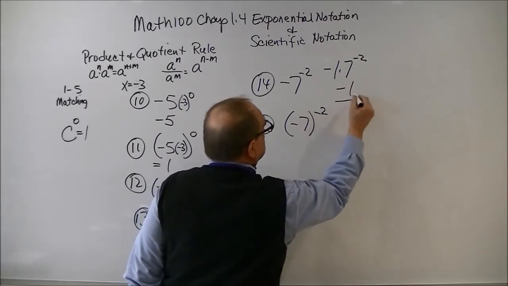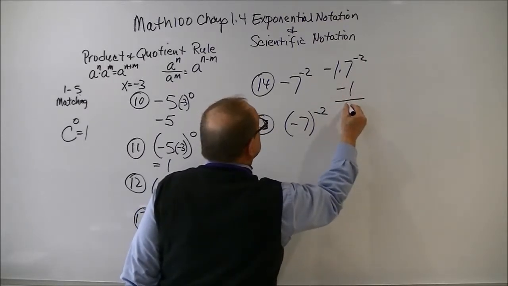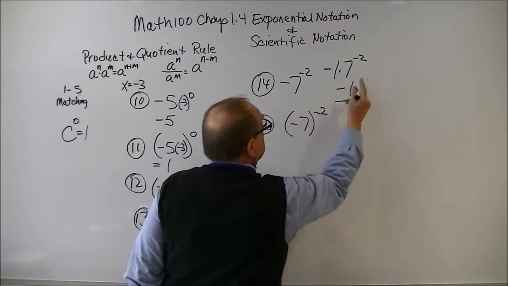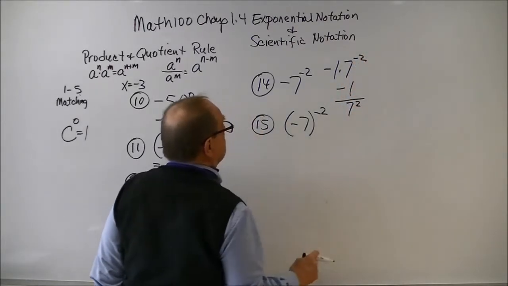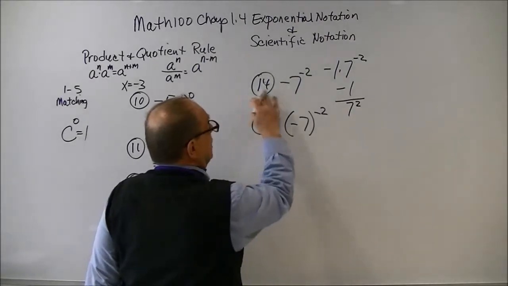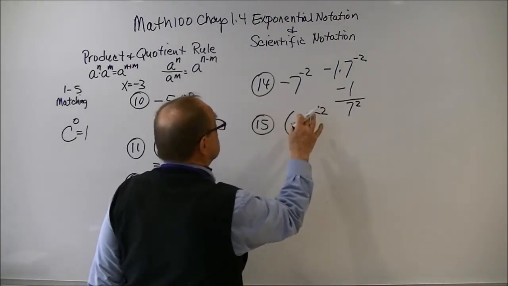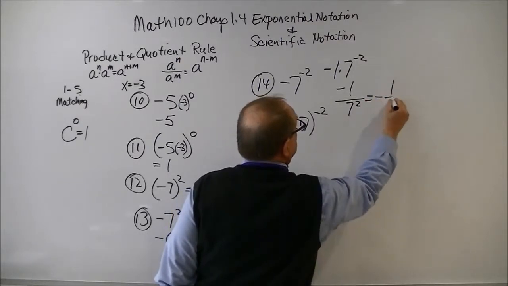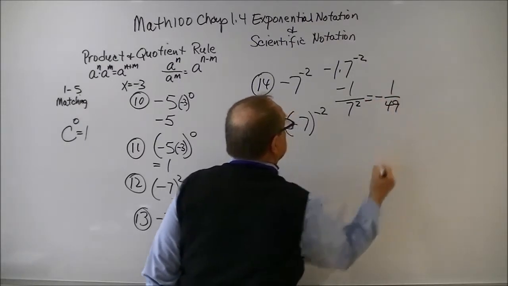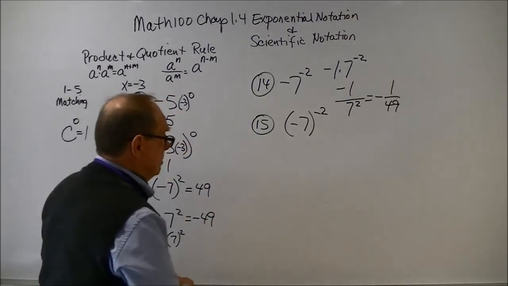The only part that comes down is the 7 when we change the negative exponent to a positive exponent. So number 14 becomes a negative 1 over 49. And that's how it happened.